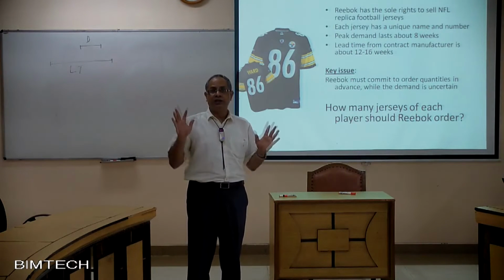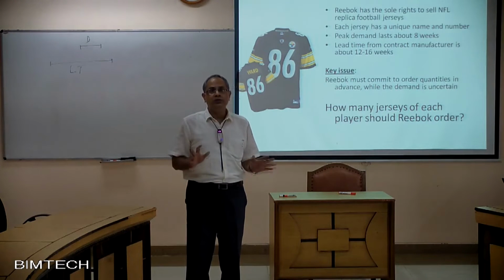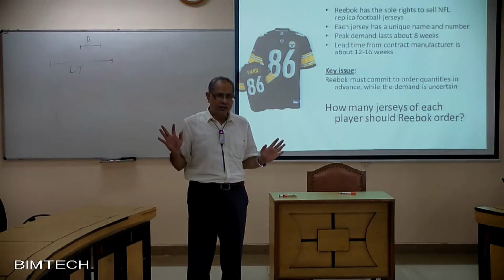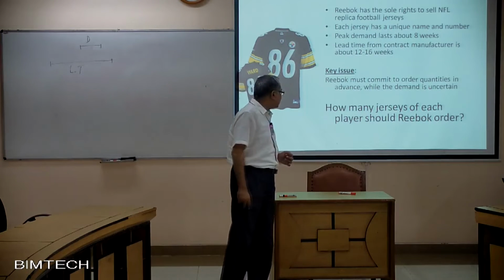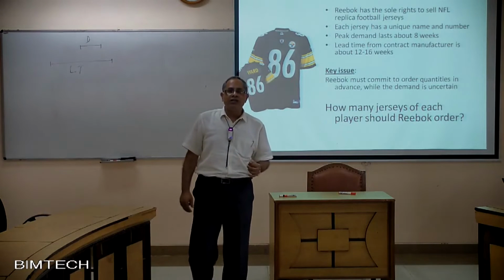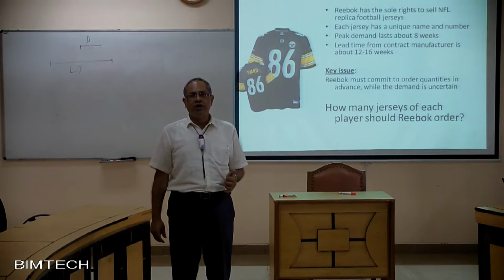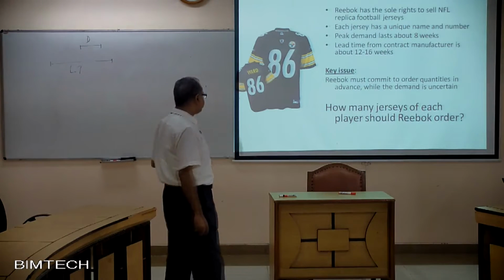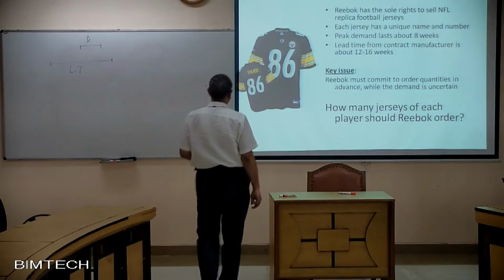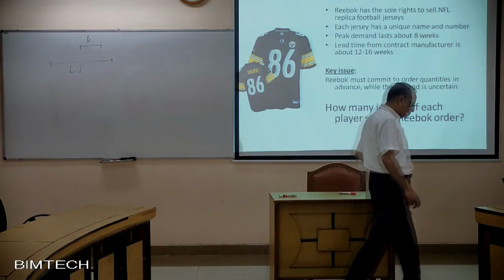So you have to commit to a quantity that you are going to order, but you know that the demand is uncertain. So the question we are asking is how does Reebok decide how many jerseys to order of each kind? Okay, so that is the problem that we will try to answer during the session.